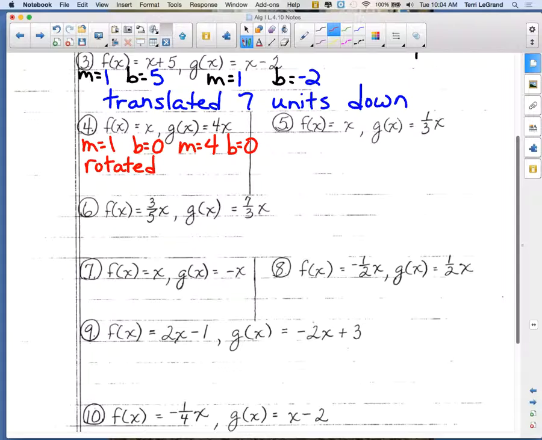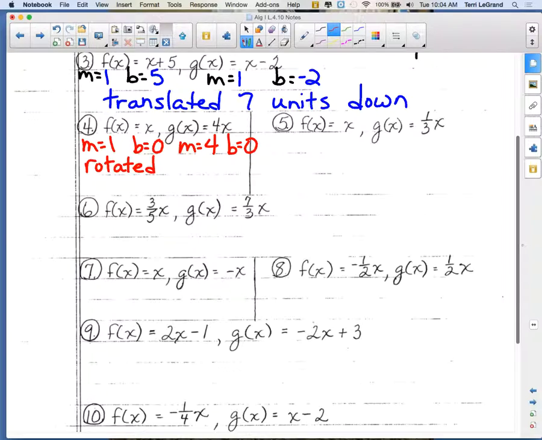But when we talk about it rotating, we have to talk about whether the line got steeper or not, and what it rotated about. In other words, when it rotates, it has to stay fixed on a point. One point has to stay somewhere. That point is always going to be the y-intercept. So what's the y-intercept of the first function? 0.